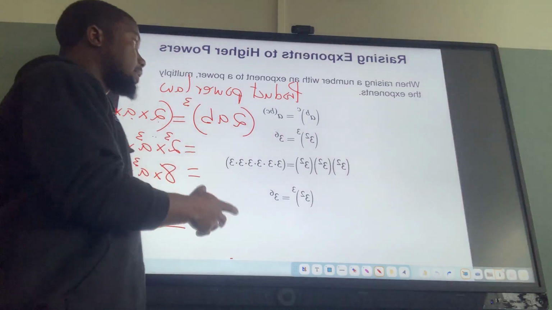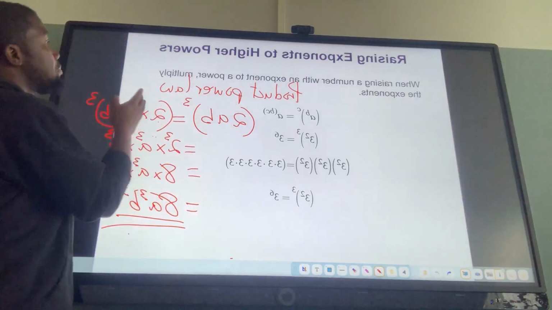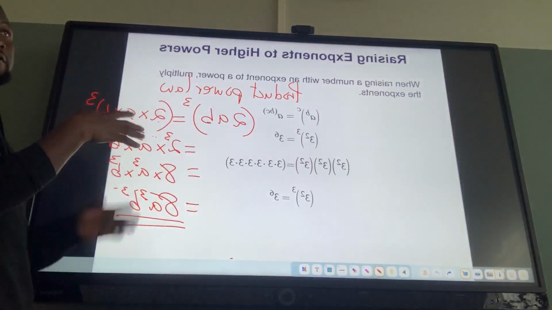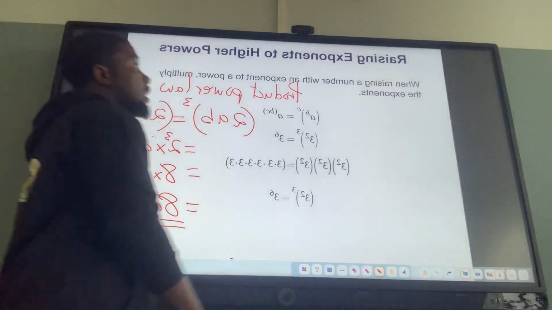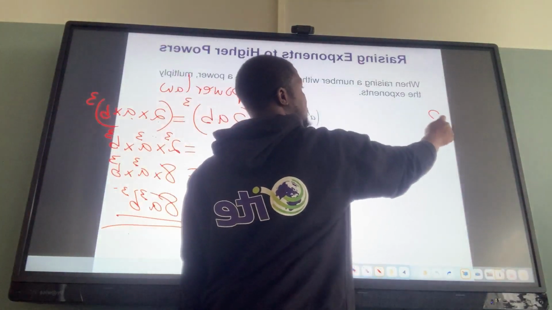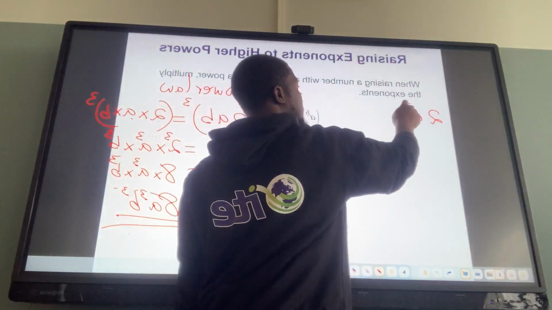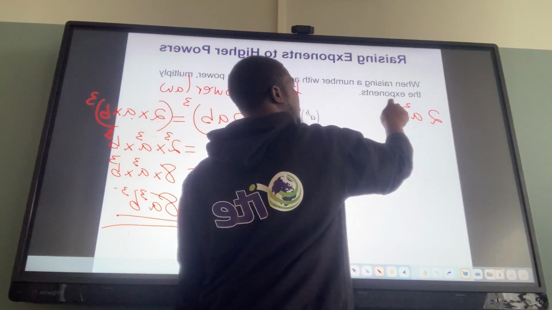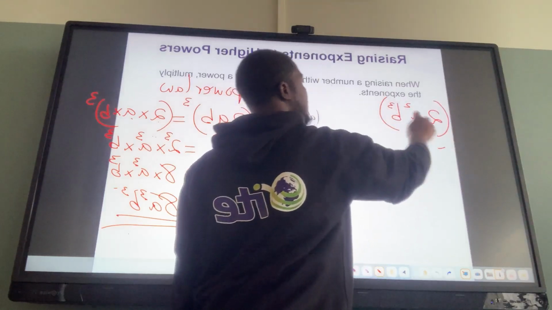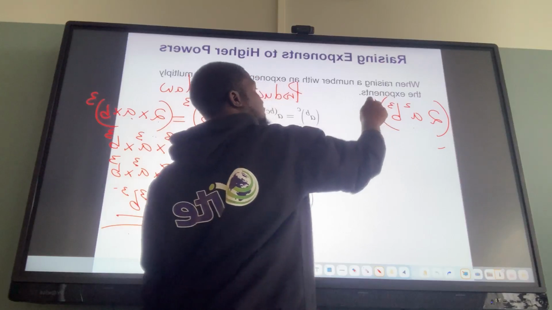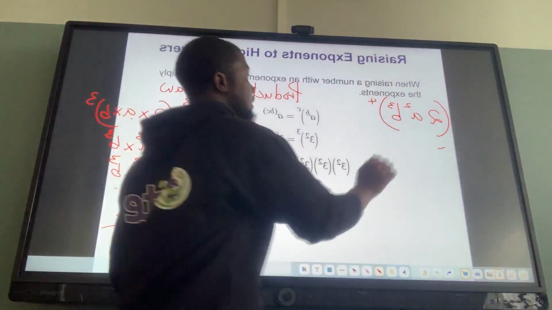So the power law is there, and this one is the product power law, when you have a product inside a bracket. Now let's look at this other product. If you have 2a to the power 2, b to the power 3, again, this is raised to the power 4. Now, what happens here?